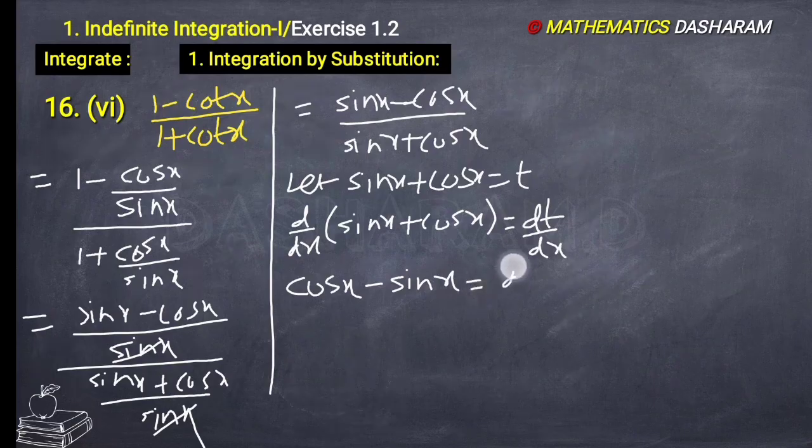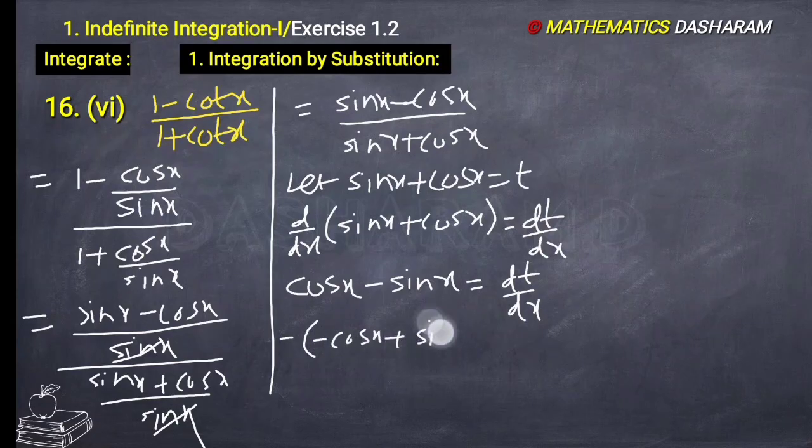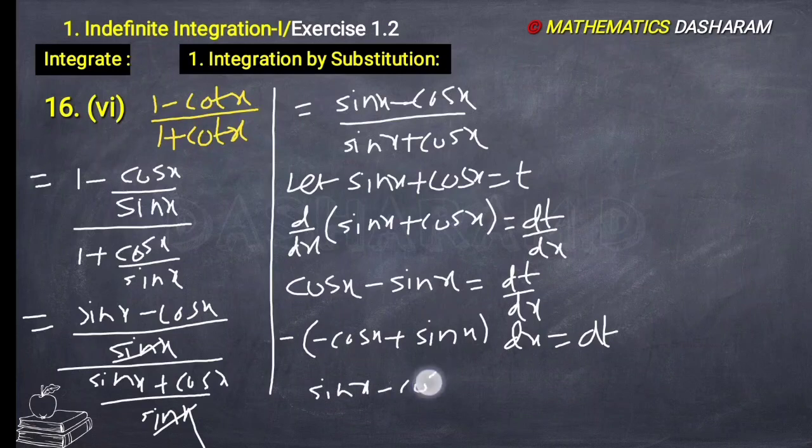Now take the minus common. So minus cos x plus sin x, and dx transposes to the left side. First write the positive term, next write the negative term, and this minus can apply to the right side. So it is equal to minus dt.